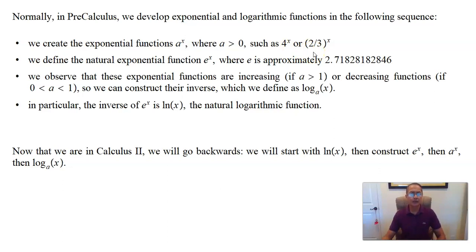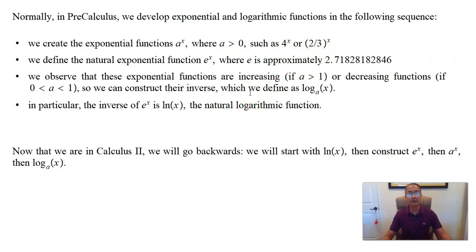So from here we usually talk about the natural number e, Euler's number e, which is approximately 2.71828, and using this as our base, we construct the natural exponential function. And all of them, whether increasing or decreasing, are one-to-one functions.